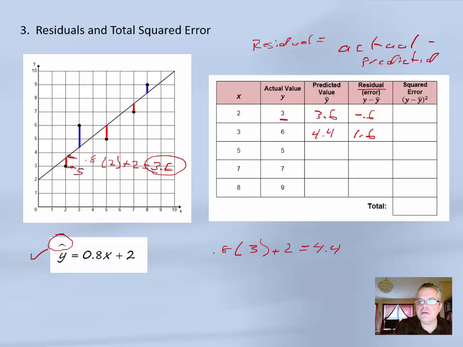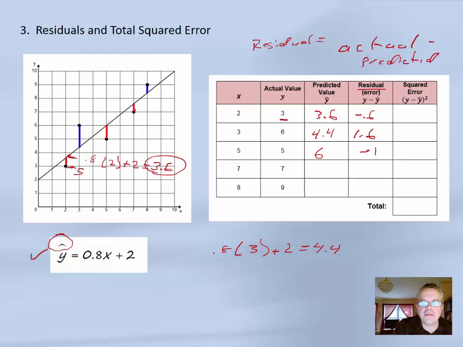Okay, so these residuals, remember, are the vertical distances. They're negative if the data point's below, positive if the data point's above. All right, let's put in 5. When we put in 5 into our equation, we get 6 for the y value. 5 minus 6 is -1. That's the error. So this one, the error was -1.